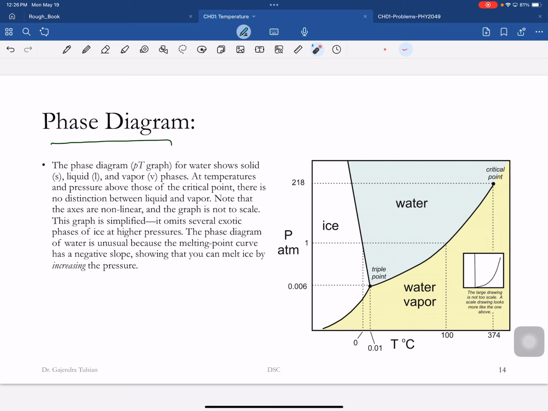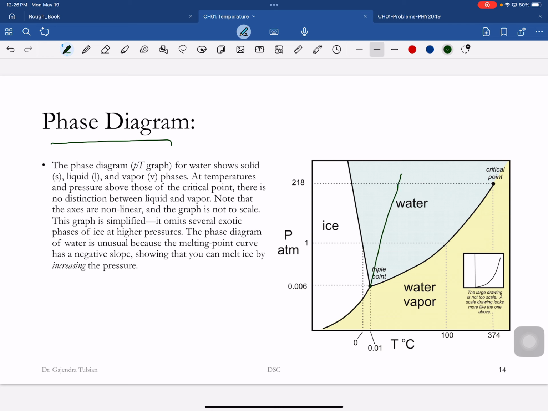Now, here's an interesting thing about this phase diagram. For what kind of stuff do you have phase diagrams? For pure substances, any pure substance. For most substances, this solid-liquid interface has a positive slope.